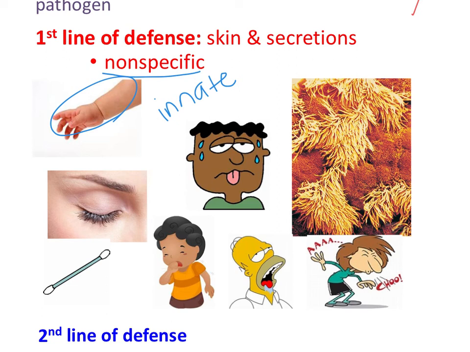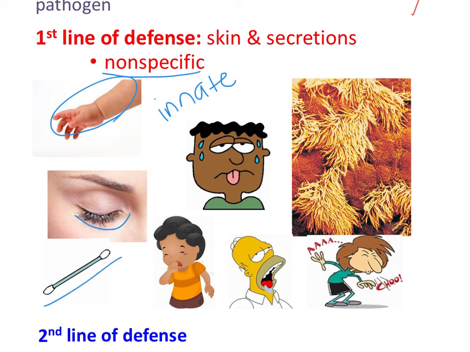Other examples are like your eyelashes and also your eyelids work to clean your eyeball and keep it clean. Essentially, every hole in your body is an entrance through which pathogens can gain entry into your nice, warm, cozy, delicious body. So every time you blink, your eyeball is being washed with enzymes that will degrade any pathogens.